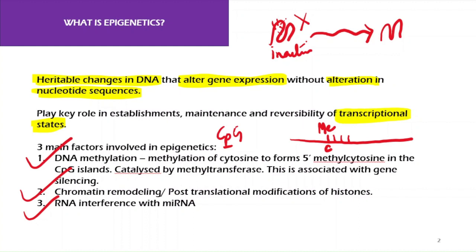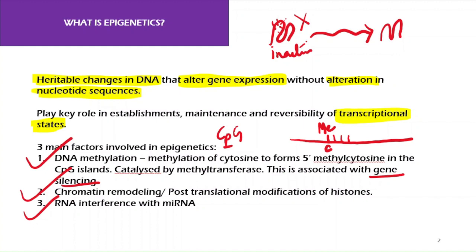So that DNA methylation can help in the alteration of gene expression. Hypermethylation of this DNA can involve gene silencing, right? Let us come to chromatin remodeling in the next slide.